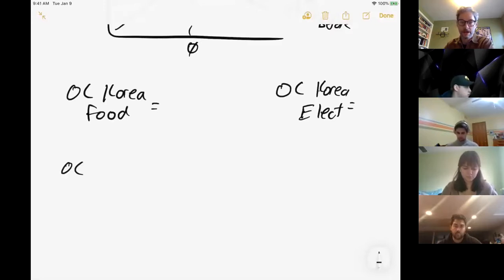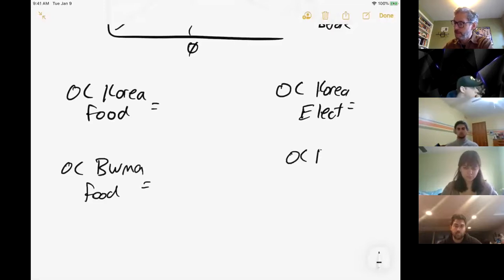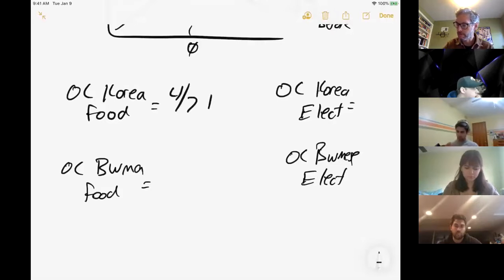What's the opportunity cost of Burmese food? And what's the opportunity cost of Burmese electronics? So what's the opportunity cost of Korean food? It's what you give up relative to what you get. For Korea, they give up 4/7 of an electronics.